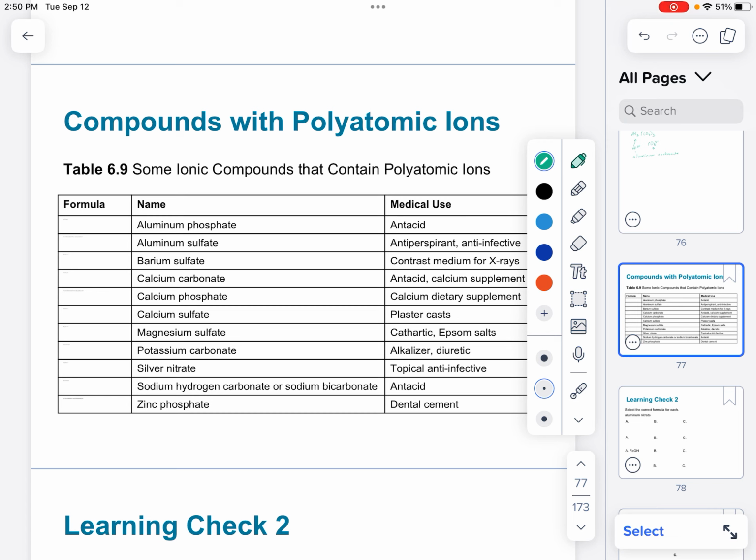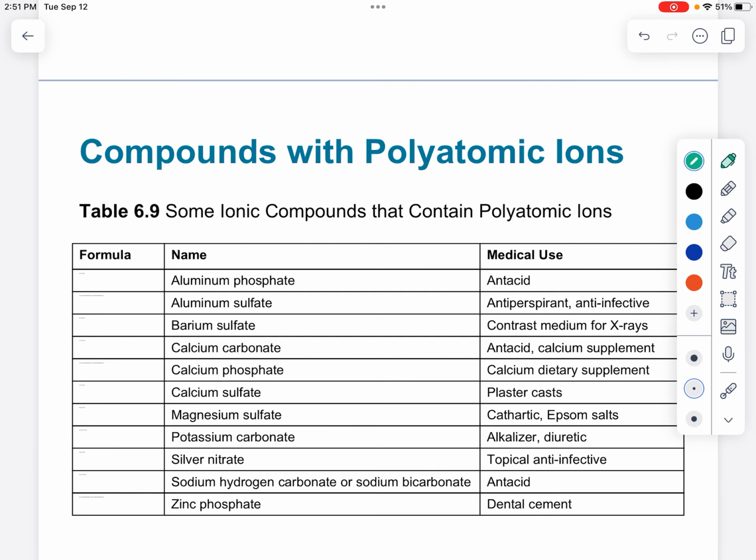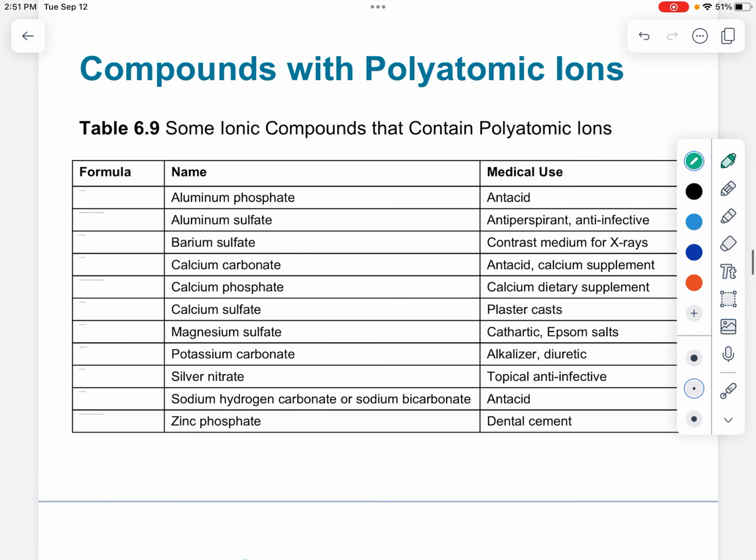Here's a table just listing some common compounds with polyatomic ions and what their use is. Aluminum phosphate. Aluminum sulfate. Barium sulfate is a contrast medium for X-rays.